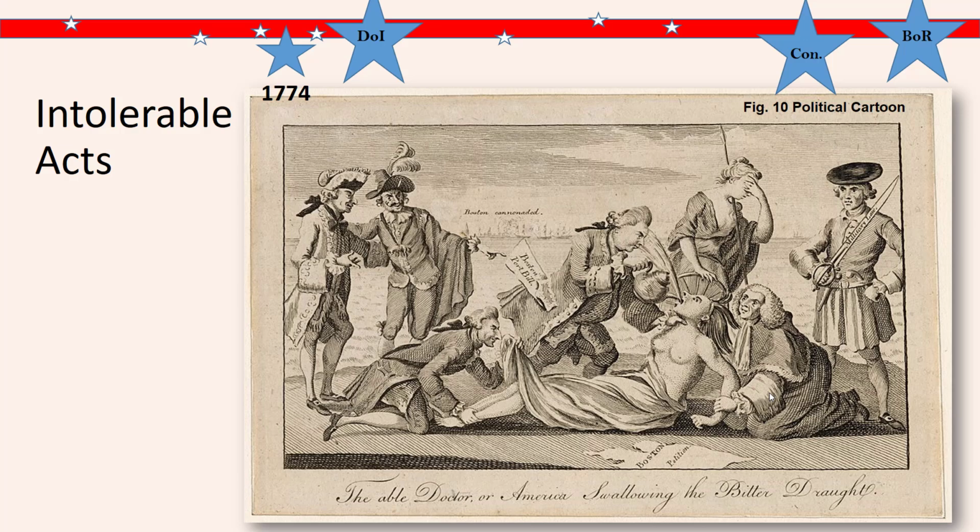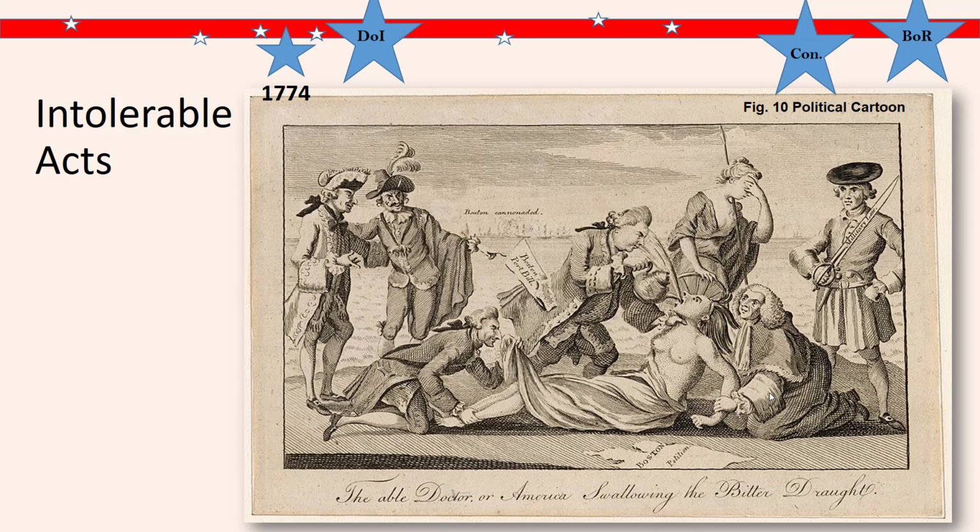So not really viable to travel to the UK, and also understanding that you're not really going to get a fair trial in the UK for colonial grievances against people appointed by the UK, right?